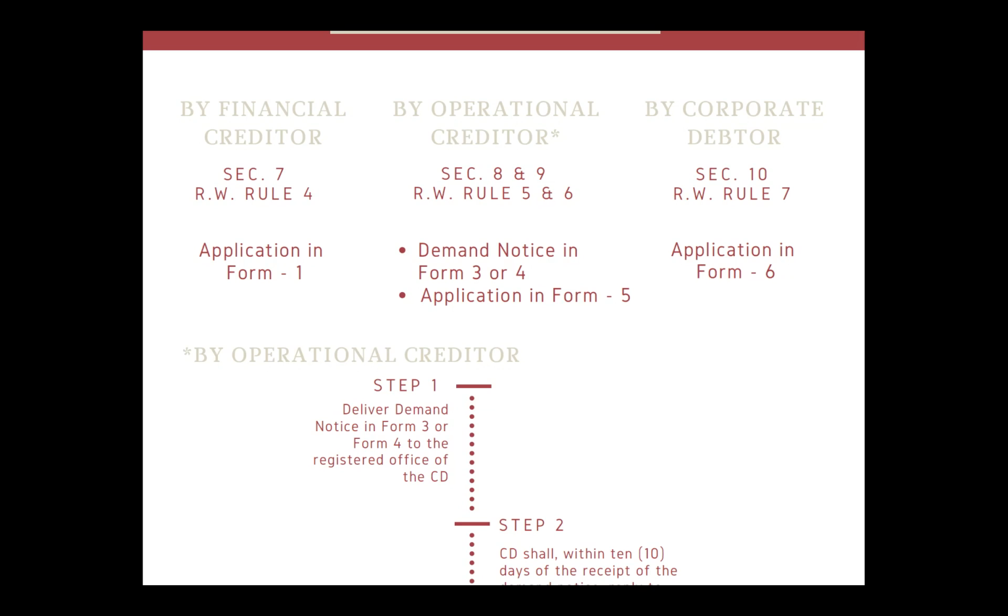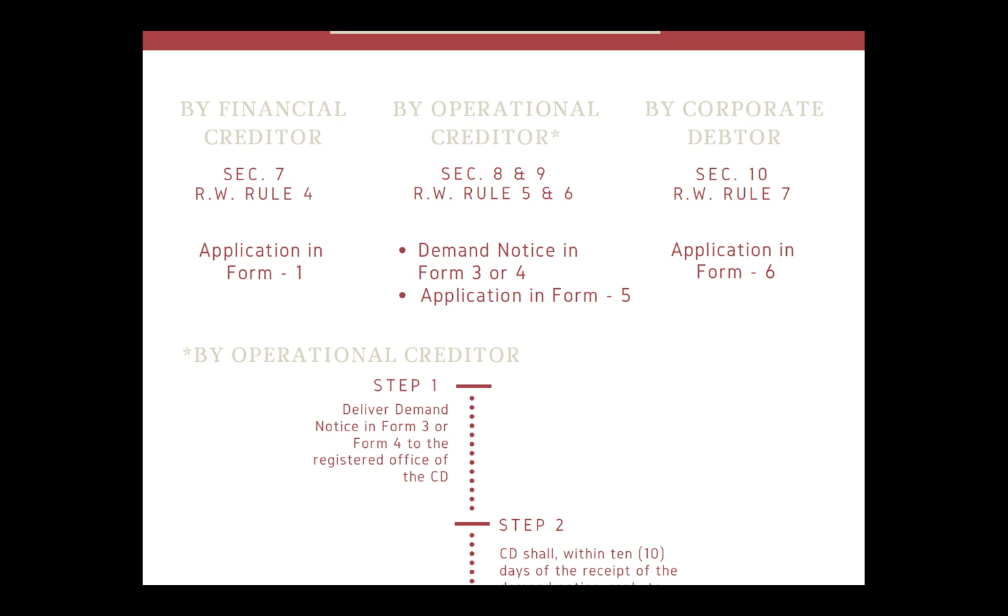So now coming back to the financial creditor's point, so where a financial creditor, in our earlier example, ICICI Bank, which has given loans to ABC Limited, and ABC Limited failed to make payment to the ICICI Bank, thereby amounting to default. Now ICICI Bank wishes to initiate CIRP against this corporate debtor. How can it do? The procedure is quite simple.